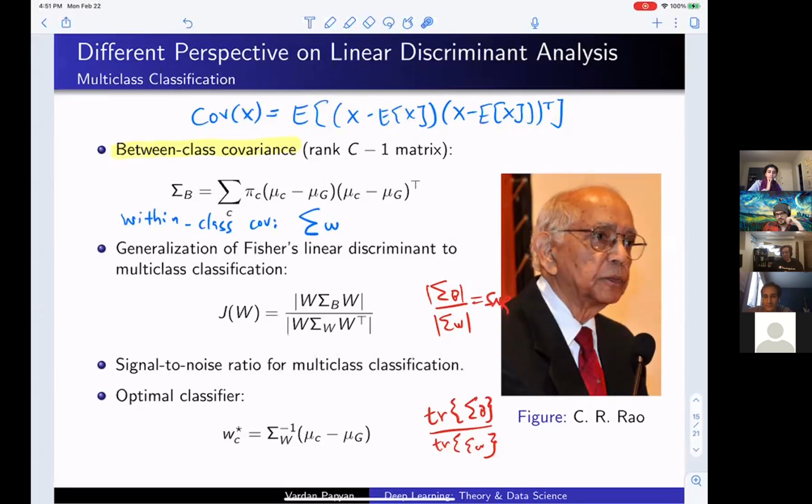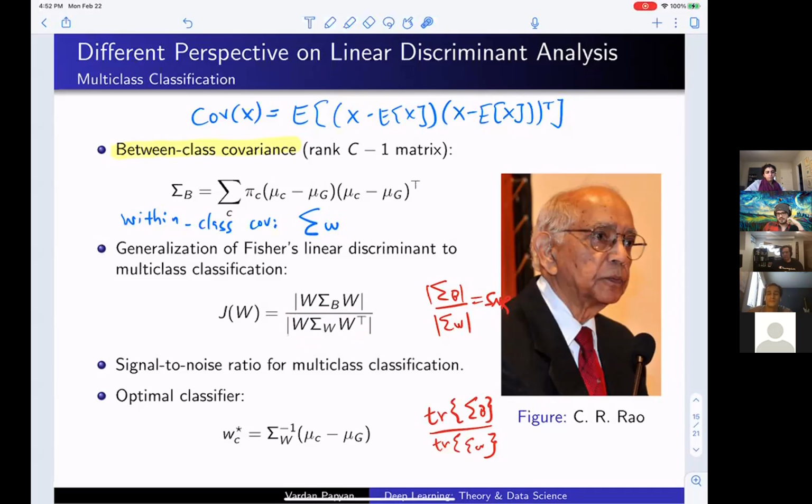Exactly. So here, this is literally the between class covariance of the features, or of the data after you multiply by W. And this is the within class covariance of the data after you multiply by W, right? Does this make sense? W transpose, yeah, it is. Sorry for the mistake, Neil.